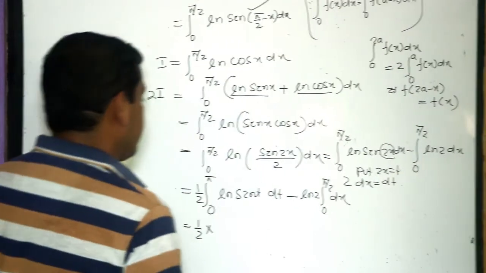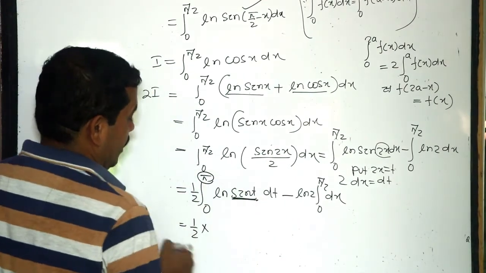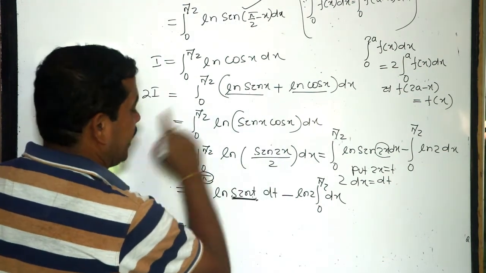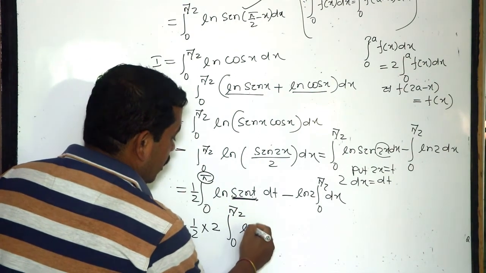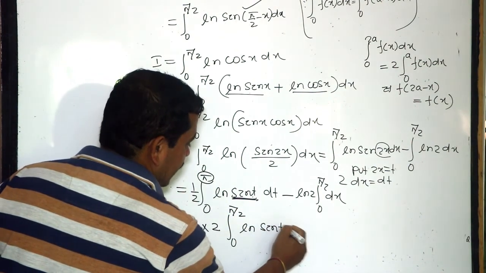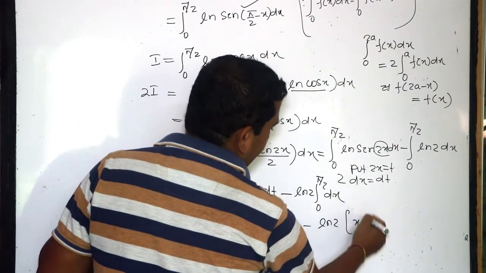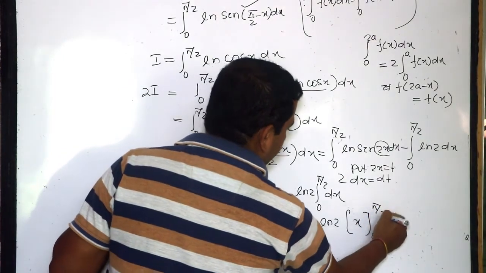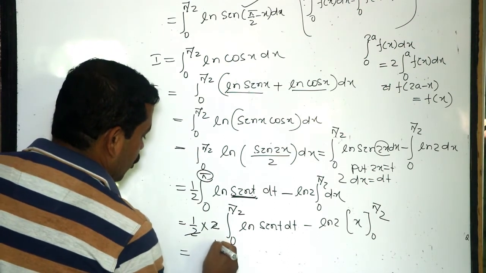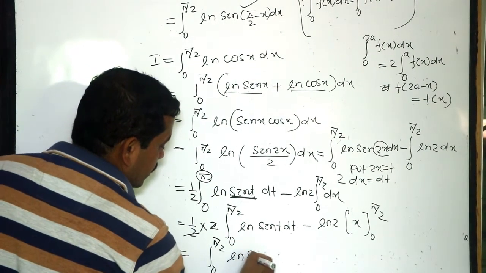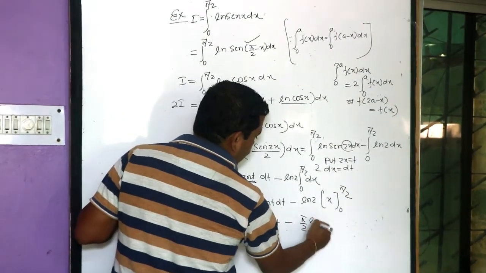Using this property, sin(pi minus t) is sin t. Here it is 2a. So that will be 2 times integral 0 to pi by 2 of log sin t dt, minus log 2 times the integral of dx, which is x from 0 to pi by 2. Cancelling 2, now the integration is 0 to pi by 2 of log sin t dt minus pi by 2 log 2.